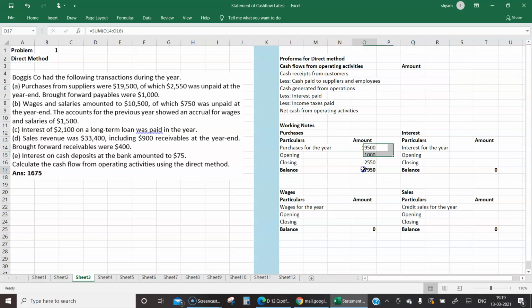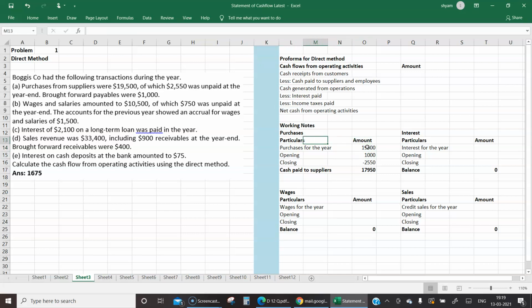So what does this 17,950 represent? This represents cash paid to suppliers, right? So you got the idea. The same idea is what we are going to use in all the sums, not only in the direct method, also in the indirect method. So ensure that you get this idea.